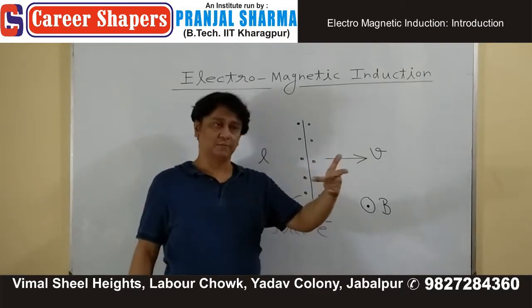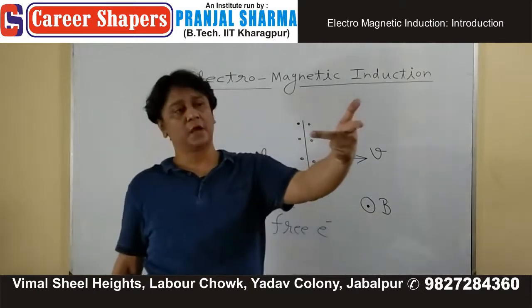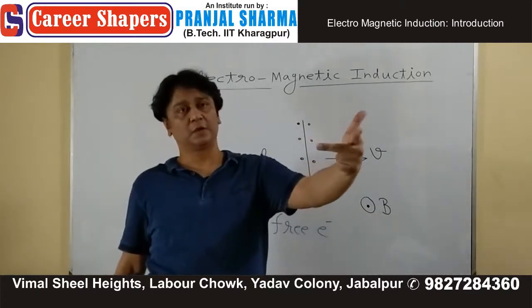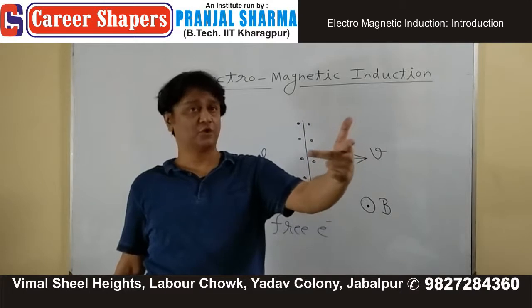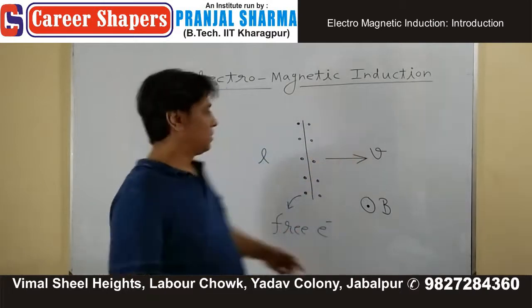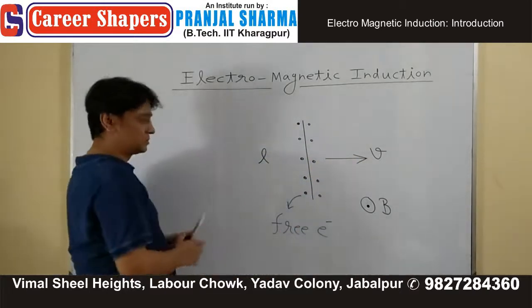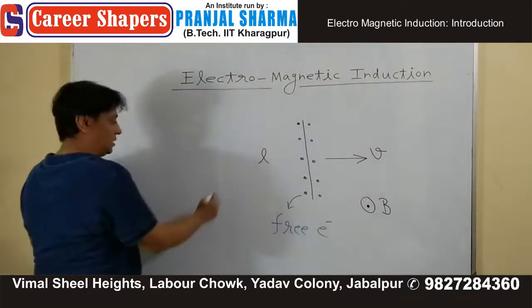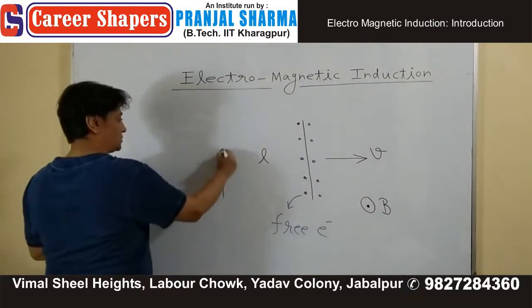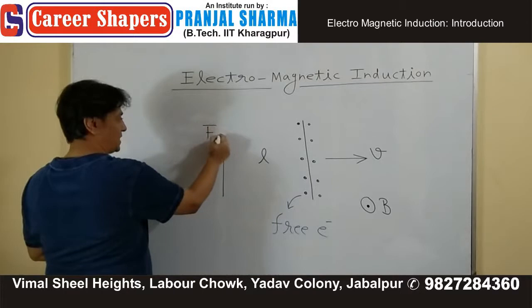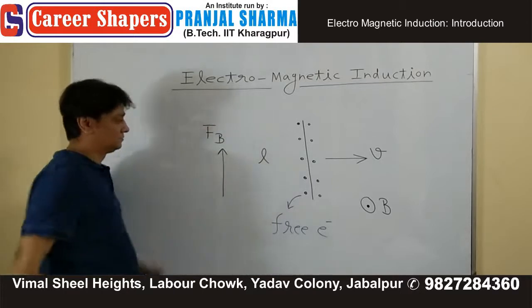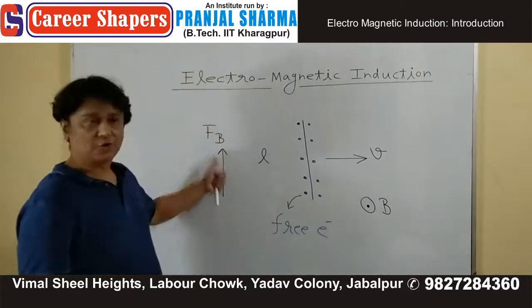So this is I, this is B, and this is the direction of force. So on these electrons, a force coming from the magnetic field is present in the upward direction.